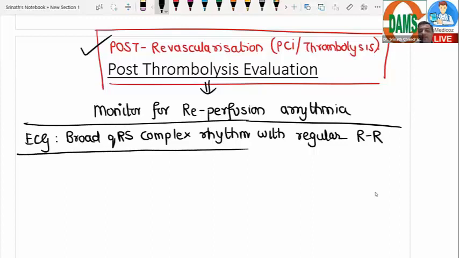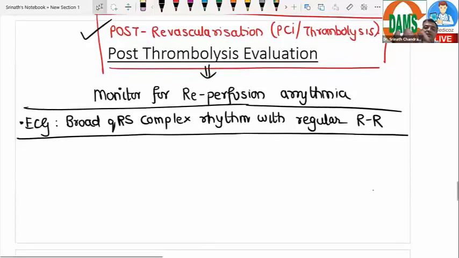You tell me, should you be happy or should you be worried? The question is whether you should be happy or worried if the ECG monitor shows a broad QRS complex rhythm with a regular RR interval after revascularization. That's the question to end the day. Come on, you have to tell me whether you should be happy or sad.